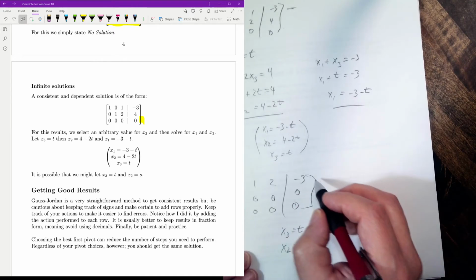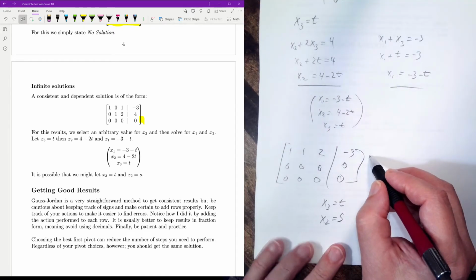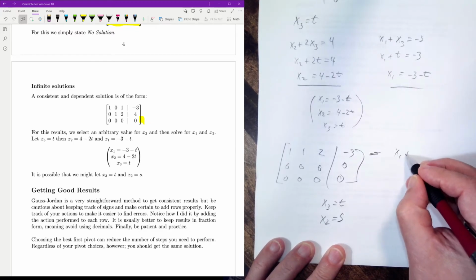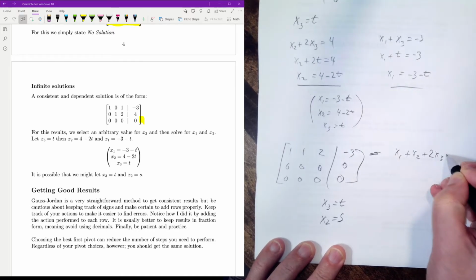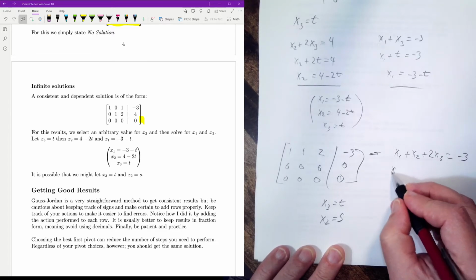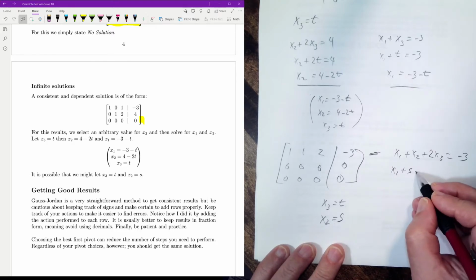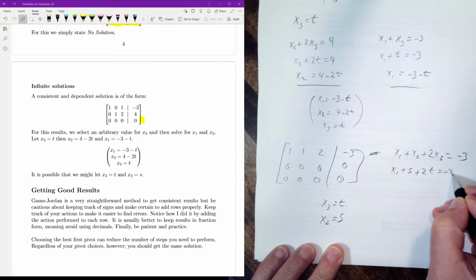Now we solve this for x1, so x1 plus s plus 2t equals minus 3.